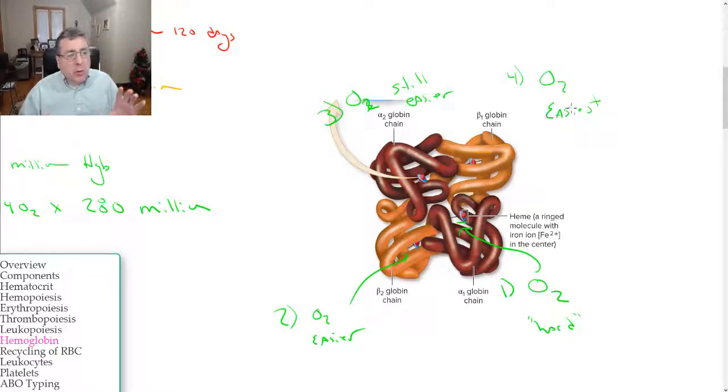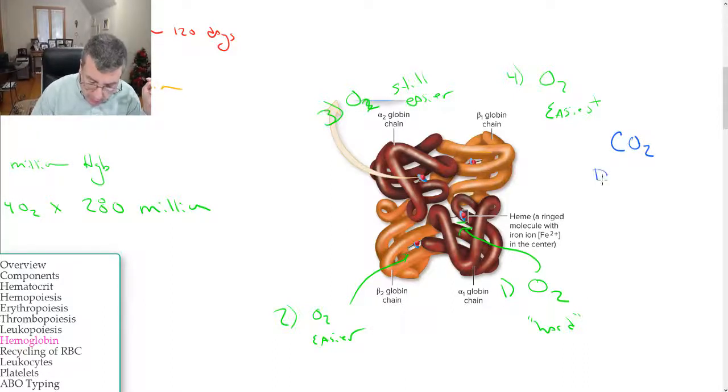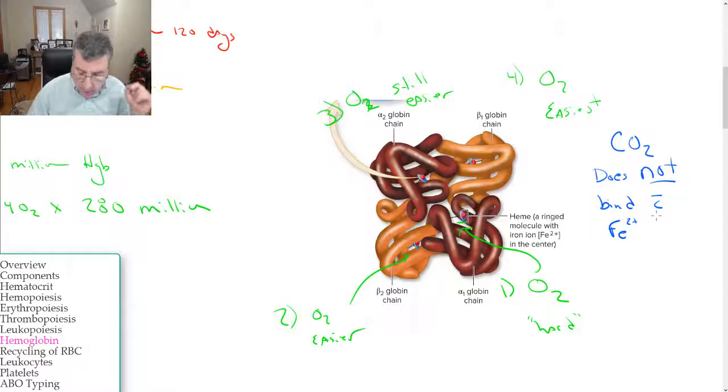Now, we've seen that oxygen binds with the iron. What about carbon dioxide? Let me just change the color on this one. So CO2 does not bind with iron, but binds with globin.